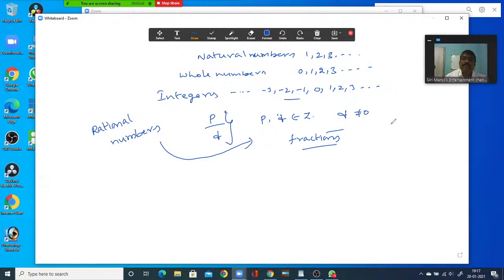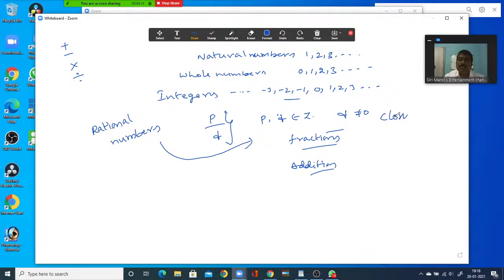Now, how many operations are there in mathematics? There are 4 operations: plus, minus, into, divided by. When we take addition of rational numbers, how many properties are there?